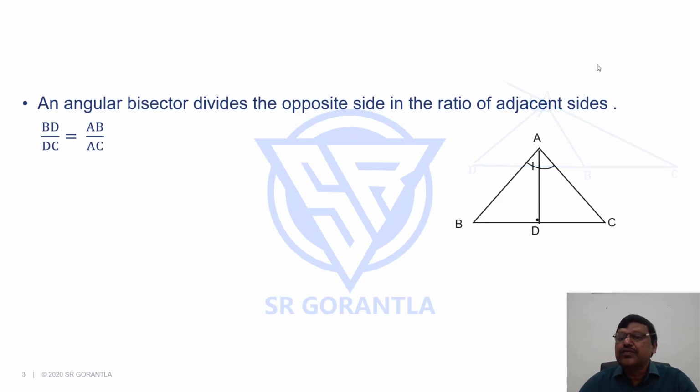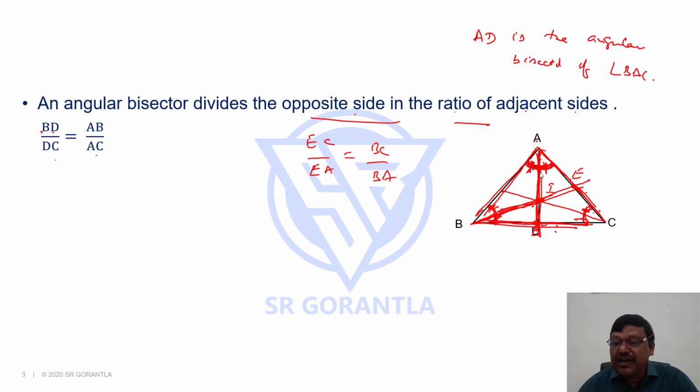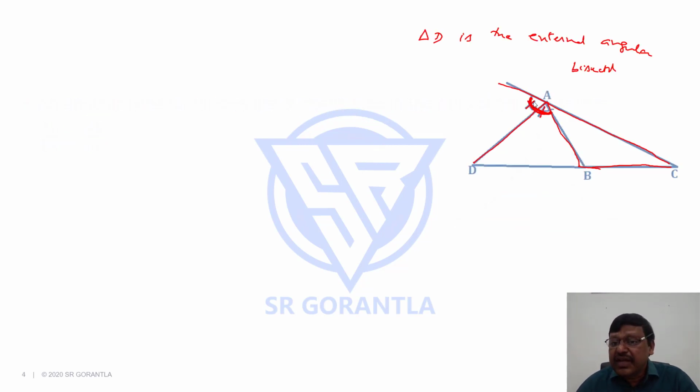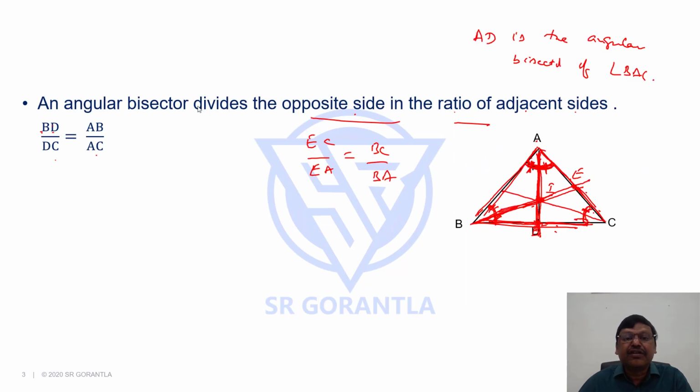In the previous case, as we discussed, this was the internal angular bisector, right? Now, this external angular bisector AD and this CB, if you join them, AD will divide BC in the ratio of AB is to AC only. What is the statement I said? An angular bisector divides the opposite side in the ratio of adjacent sides.